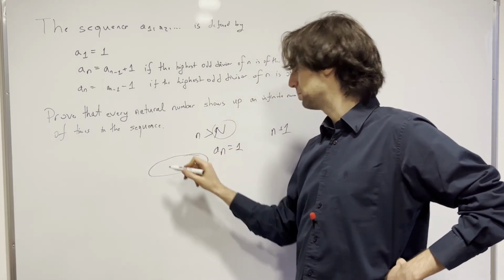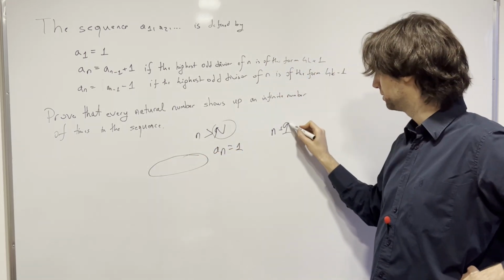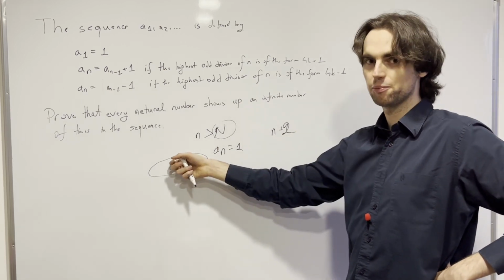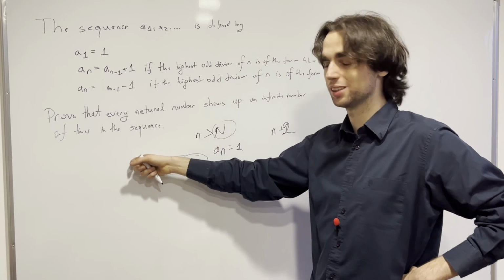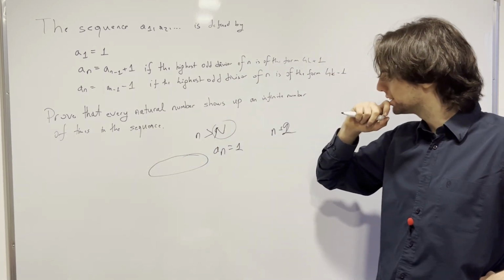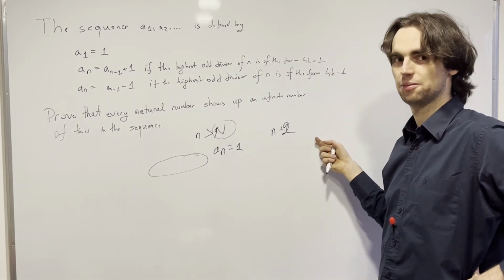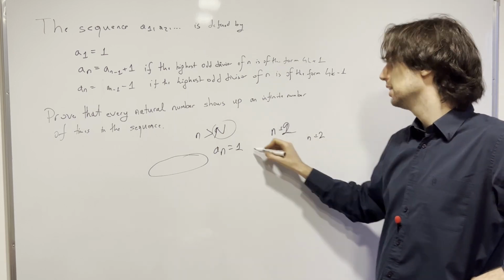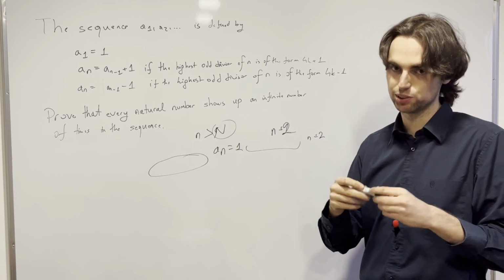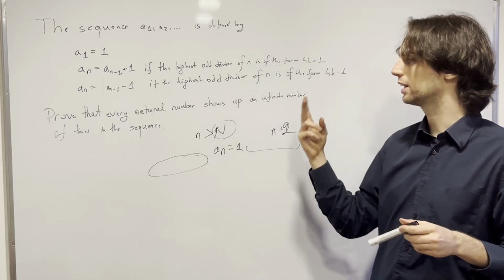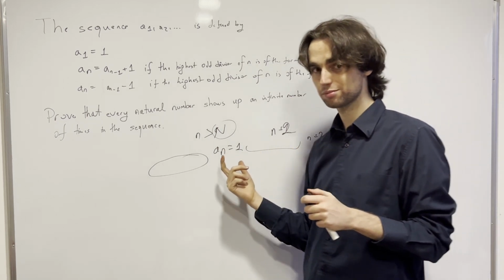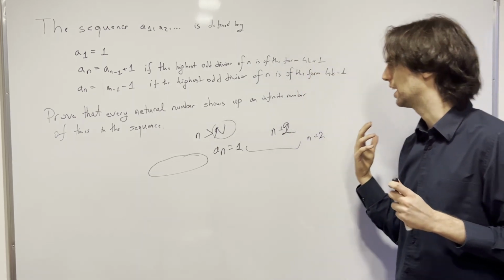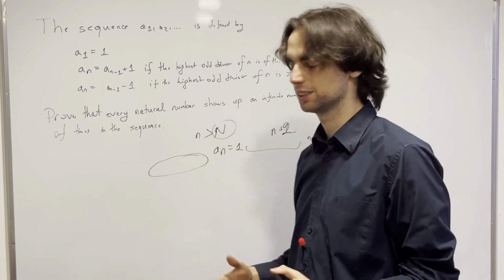It could not have shown up before this point, because we have a 1 here, and 1 is 1. So it must show up somewhere later down the line. Then we get to n plus 2 at some point, and we pick up all the other numbers again. So those two claims are sufficient: that 1 shows up infinitely many times, and that every natural number shows up at least once.